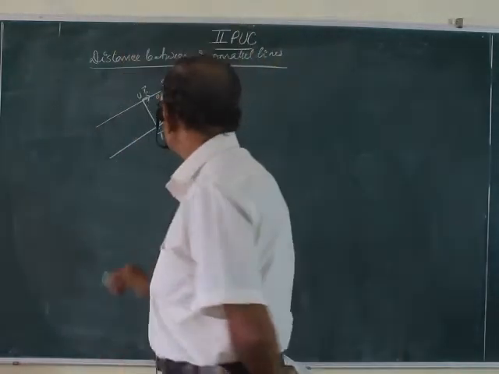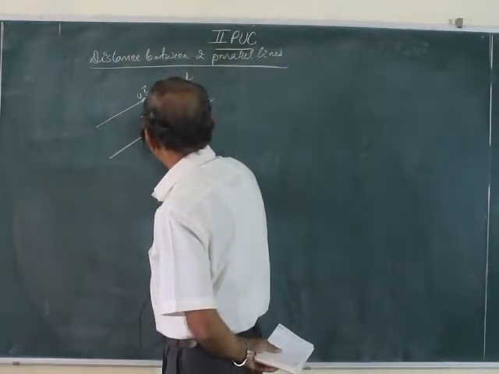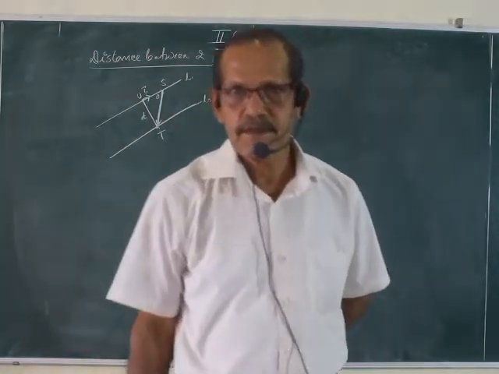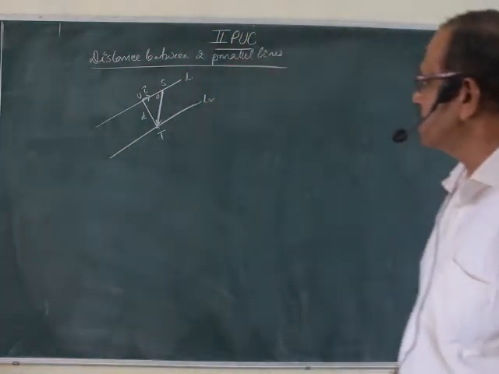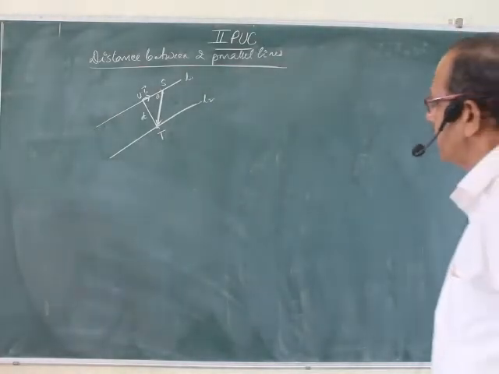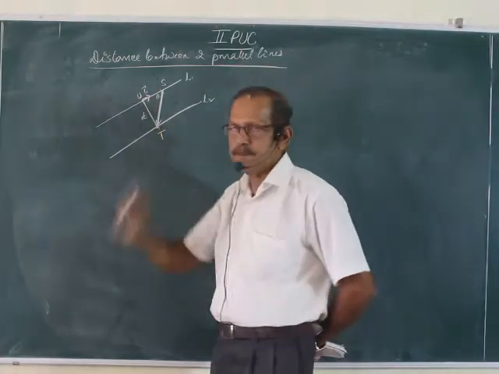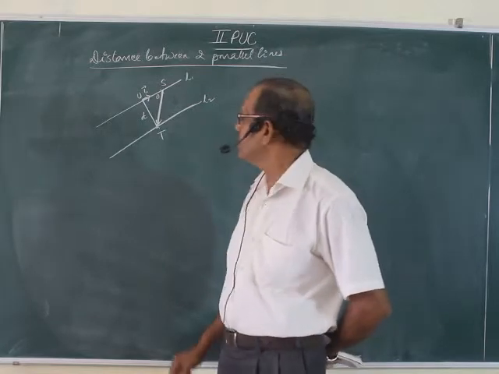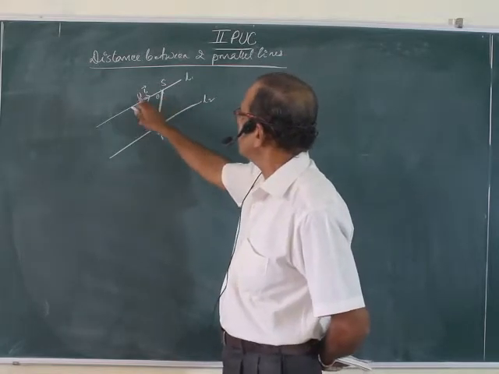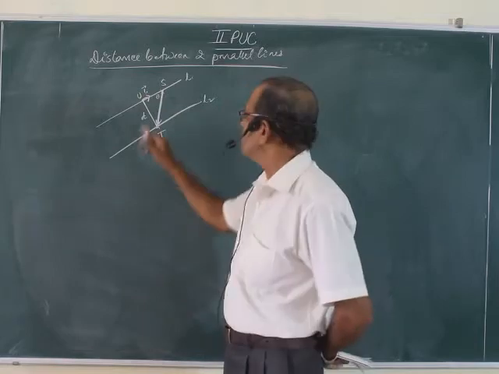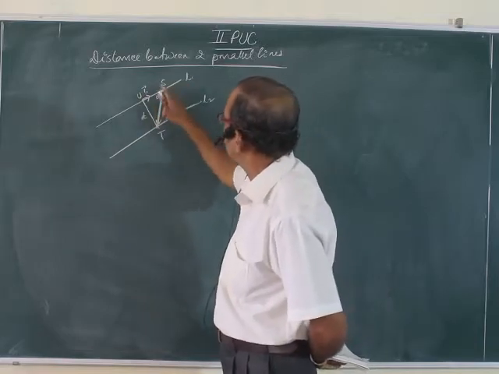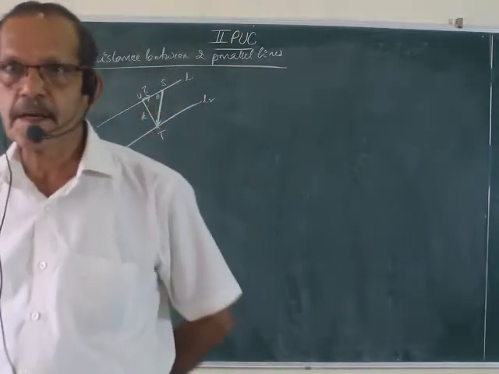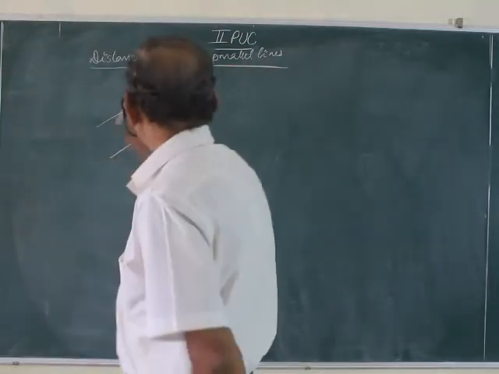If I call this distance D, you have to find D now. Just find the cross product of vector B and ST. Okay, let me write one by one.